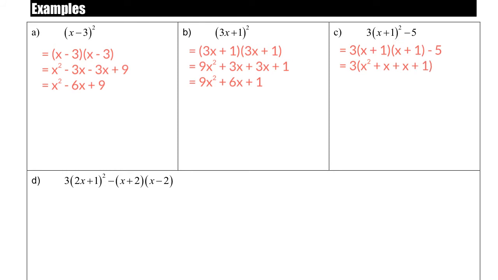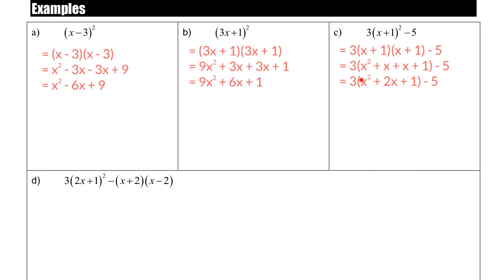So we end up with 3, and then in brackets, x squared plus x plus x plus 1. And we still have this minus 5 at the end, so it stays there. Those middle terms, plus x plus x, simplifies to plus 2x. So we have 3 in brackets, x squared plus 2x plus 1, and then minus 5 at the end.